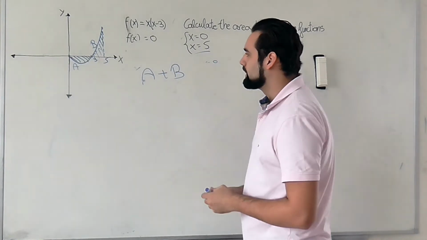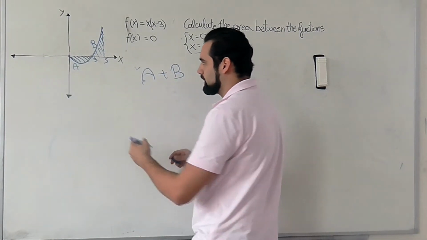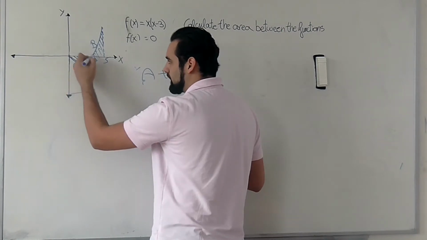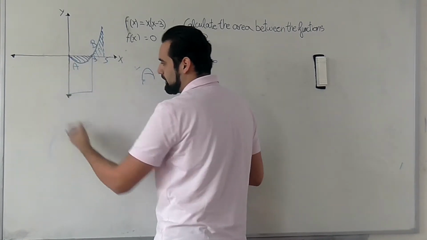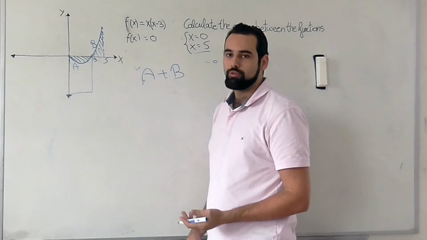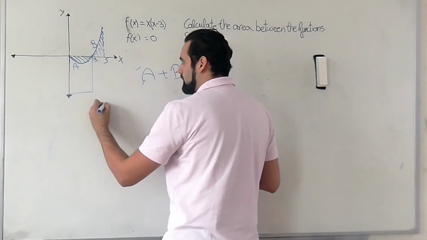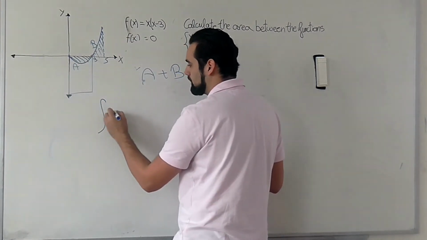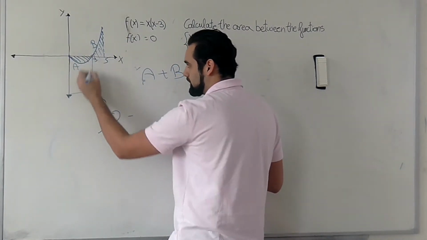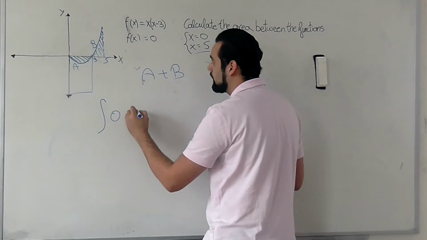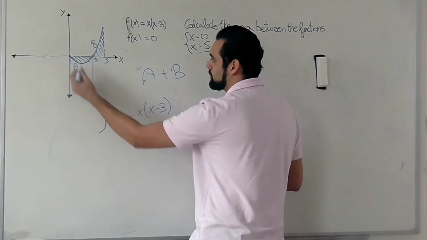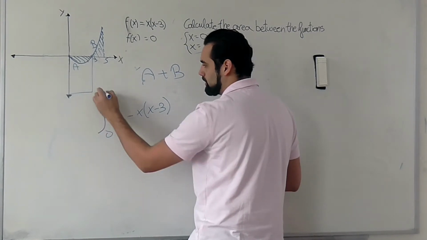We need a simple geometric argument: we take this area over here and we subtract this area over here, because that's pretty much what we're going to do with integrals. So we do the integral of this function over here, so 0, minus the integral of x times (x minus 3), from 0 to 3.